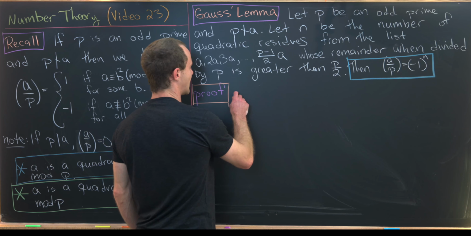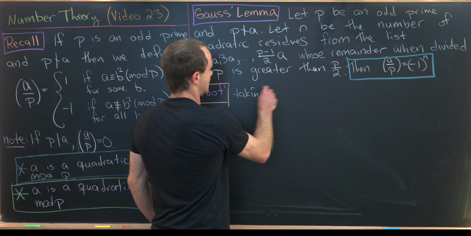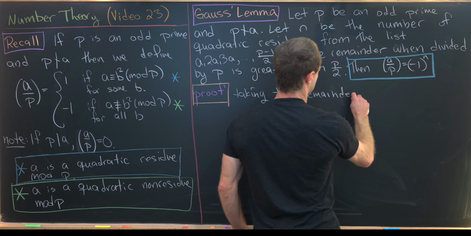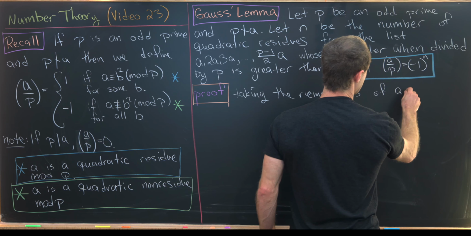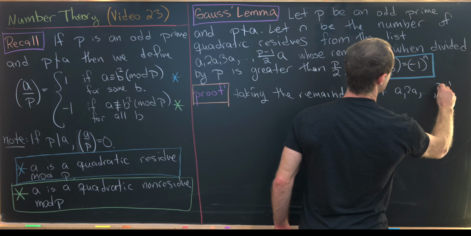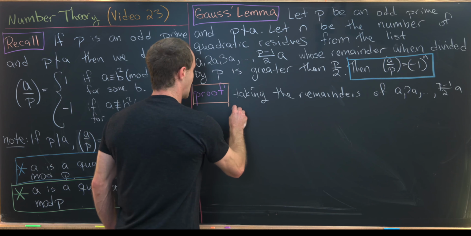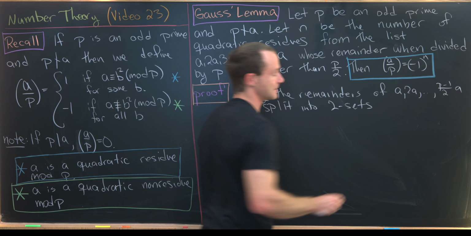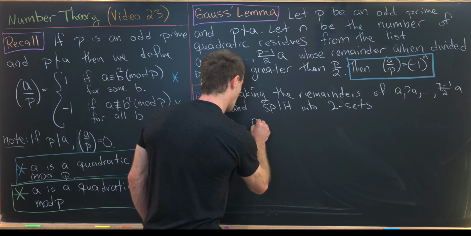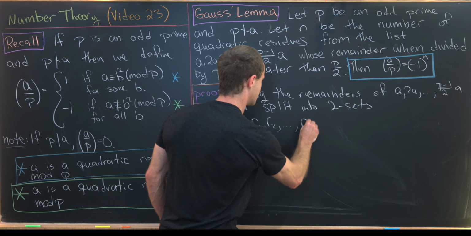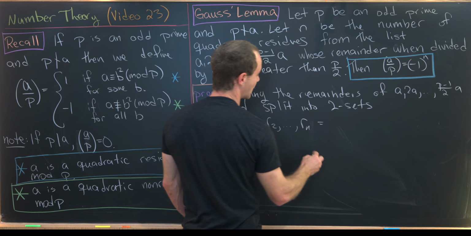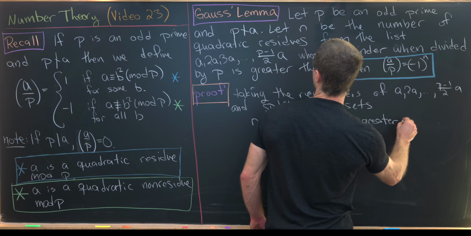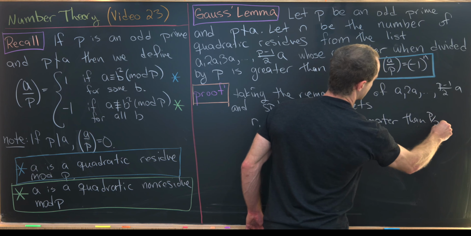So we're going to start by taking the remainders of a, 2a, all the way up to (p minus 1) over 2 times a, and we're going to split into two sets. The first set, which I'll denote by R1, R2, all the way up to Rn, will be those that are greater than p over 2.